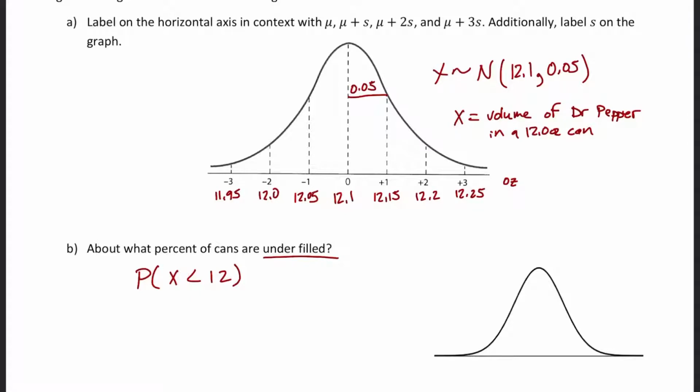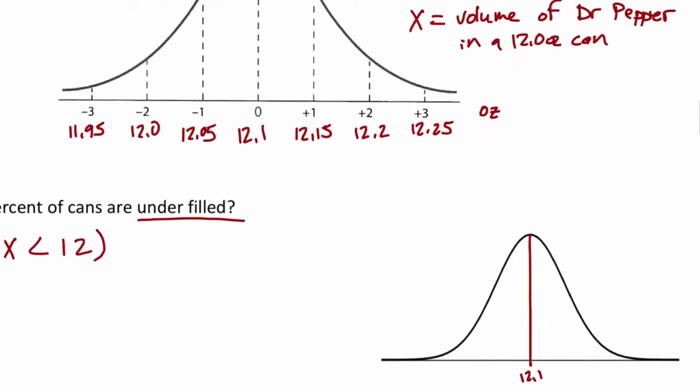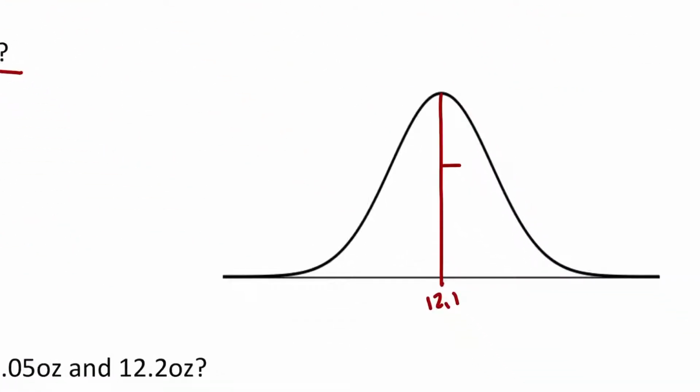All right, now that we know that, let's translate this problem to a sketch of a picture. So I'm going to start by graphing my mean, which is 12.1, and a standard deviation of 0.05. And then I'm going to estimate where 12 would be.